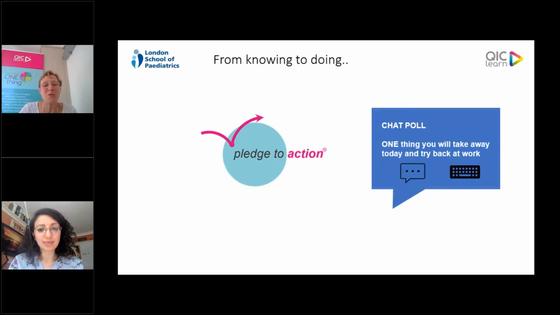So would people like to put into the chat box one thing that you'll take away, one thing you've heard that you think, oh yeah, that could be useful for me? It's more than a pledge. If you write it down, it's a pledge. The difference is taking it through into an action. So I think that would be really great if you could at least make the pledge today about something you've heard and share that. And we can open up for questions as well.